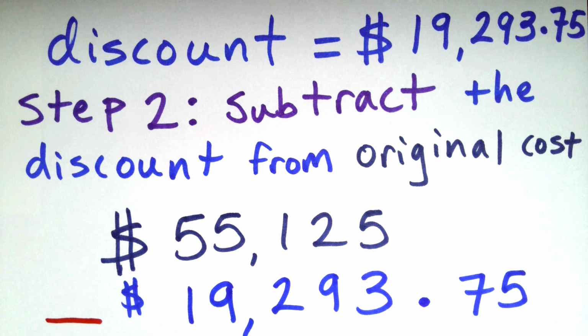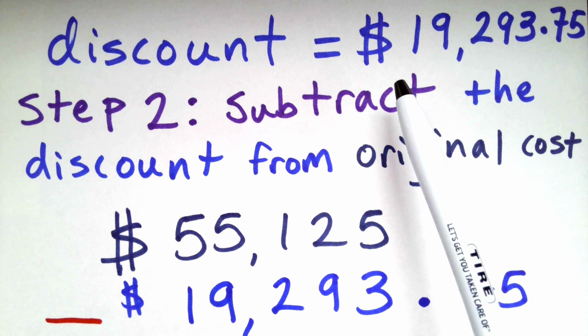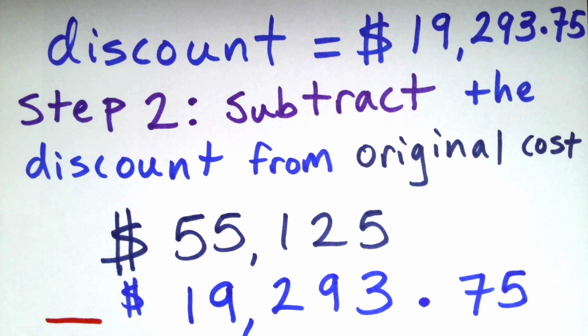In this part 55 video, I'm going to continue to find the discount price from the prior video in the stop and pause option. So this is kind of stop and pause part B. We found the discount of $19,293.75.